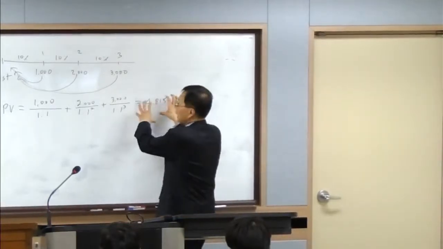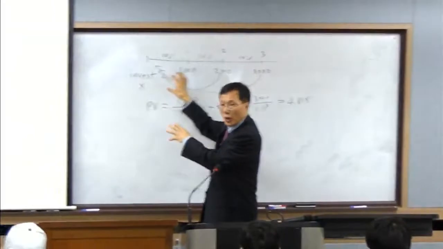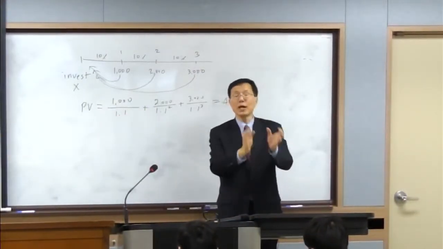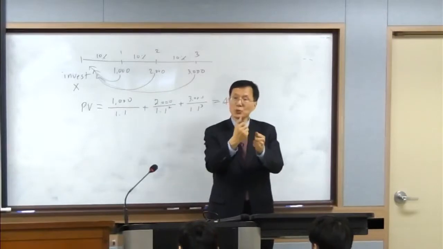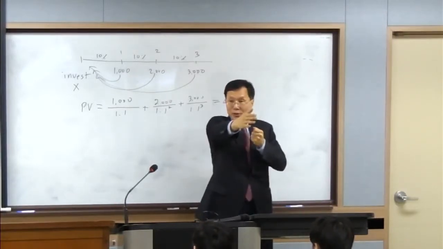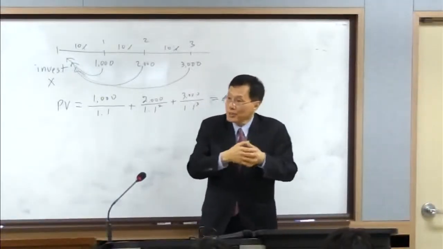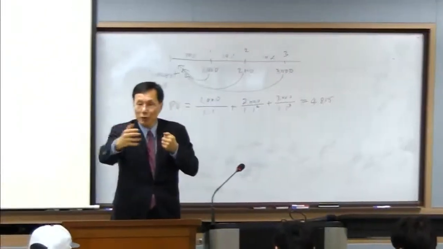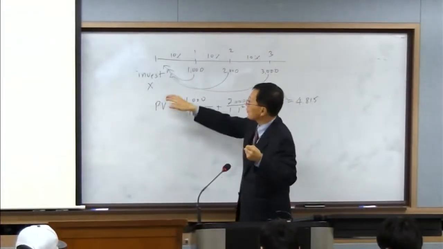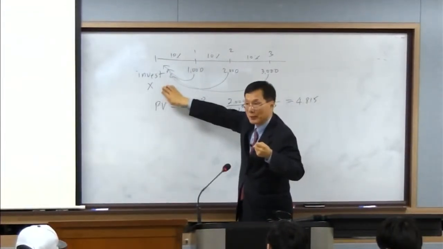So this is the value of the cash flows that will occur in the future. Okay? 4,815 is the value that you will receive over a 3-year period. That's today's value, present value of future cash flows that you will receive. And you are comparing that amount with the amount that you are giving up.